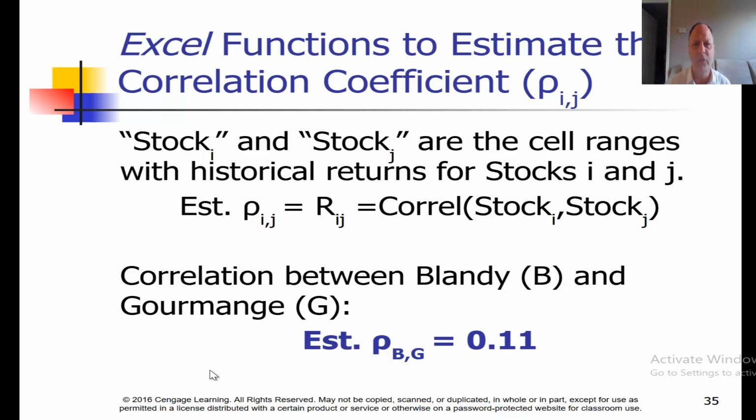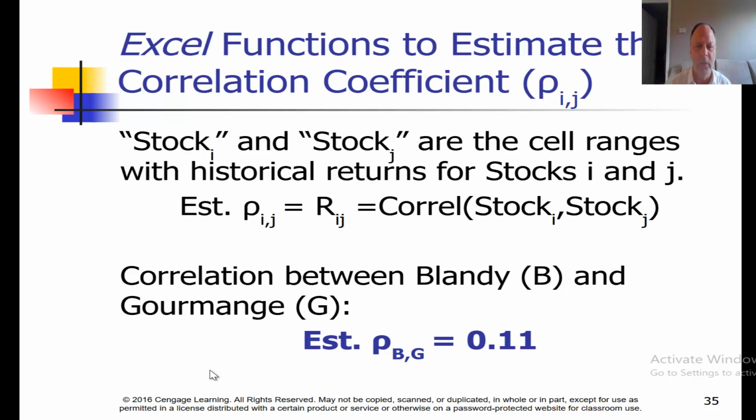These correlation coefficients will not, in general, be 1, so you can get a benefit through diversification. For example, Blandy and Gourmage are very uncorrelated at 0.11.